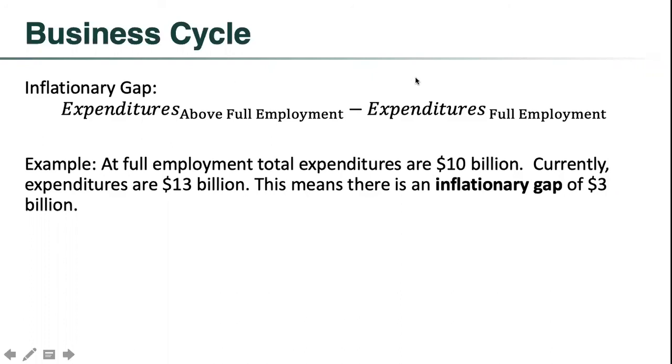For the recessionary gap, you switch what position full employment GDP is in. You do full employment GDP minus whatever you're at currently, which is below full employment. So these will both be positive numbers, right? If this was a recession and I did this inflationary gap calculation, I'd get a negative number.